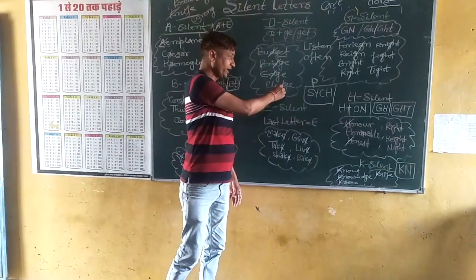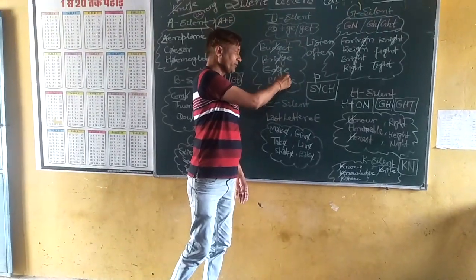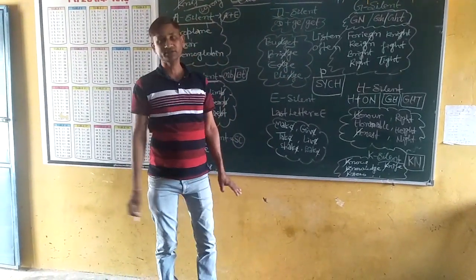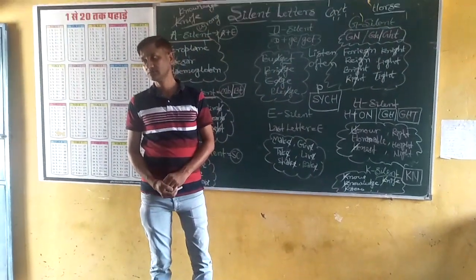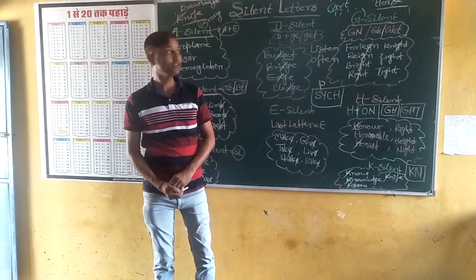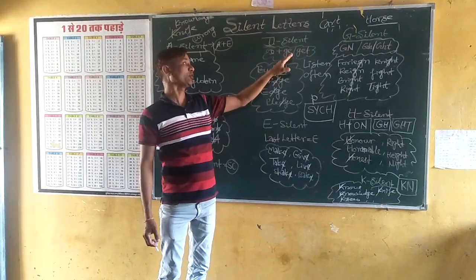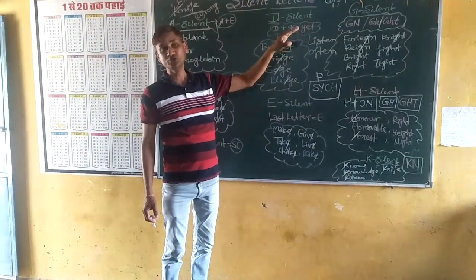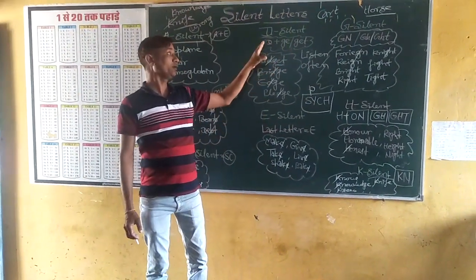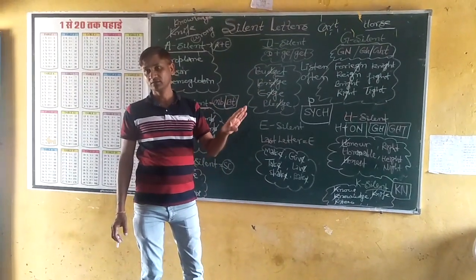PLEDGE, D is before GE, D will be silent and the pronunciation will be pledge. In this way, when you find D before the combination of letters GE, then letter D always remains silent.